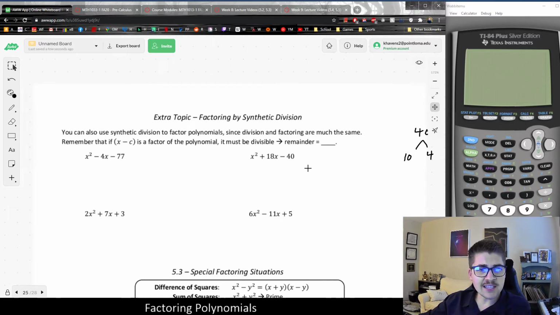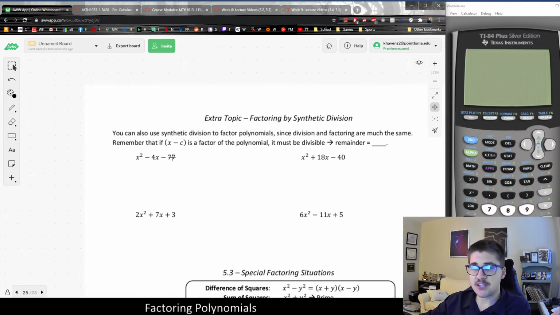But let's look at an example. Let's solve it using the magic X method first, and then I'll show you how you could have used synthetic division instead. So in this one, if we were to build a magic X, we would put negative 77 on top, negative 4 on bottom, and this should be 11 times 7, which would leave us with negative 11 and 7, which would leave us with the factorization x minus 11 and x plus 7 as the answer here.